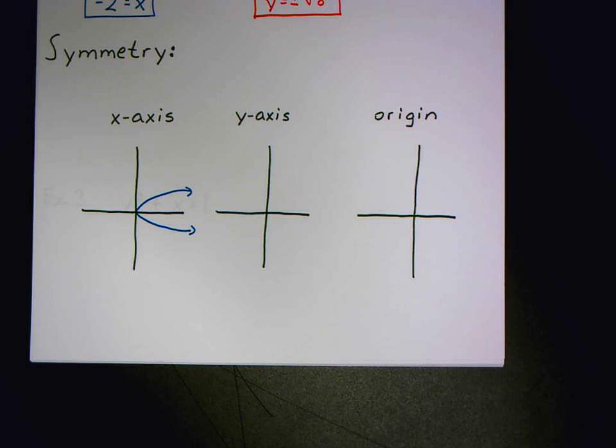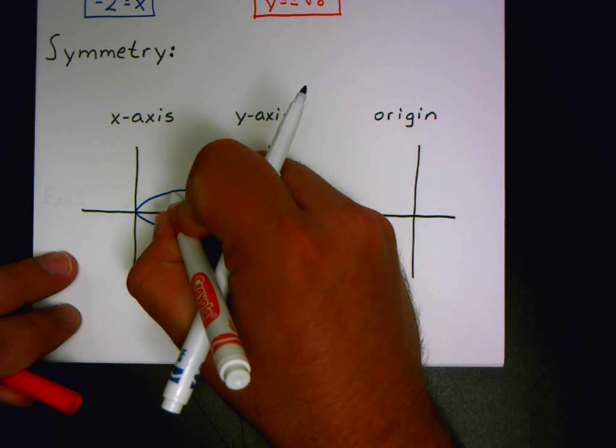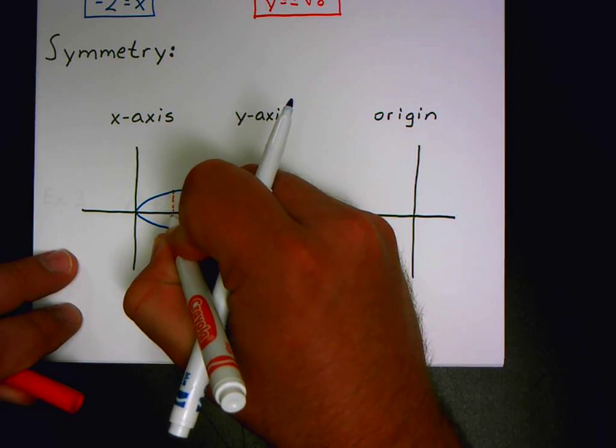My graphs are terrible, so pretend like it's symmetric with the x-axis. So if I take any point here and the equivalent point, this distance to be the same.